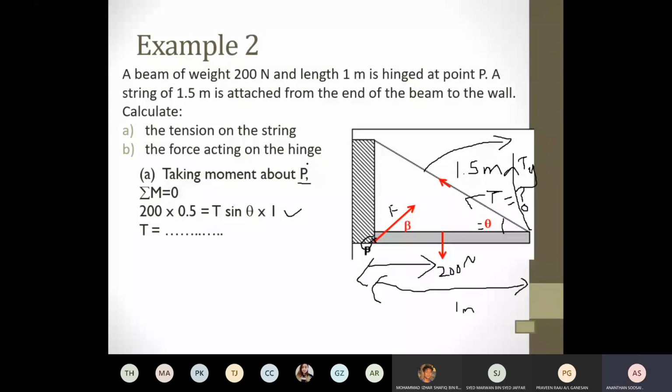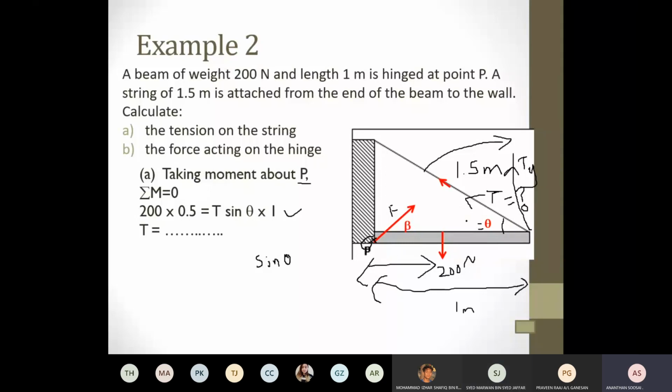Someone get me the answer. How much is sine theta?